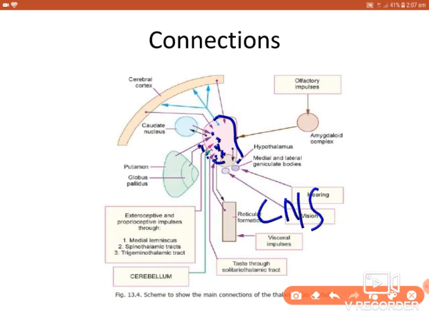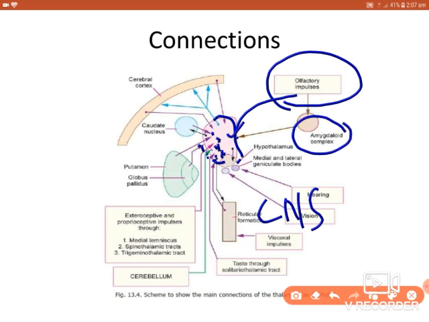It receives all sensory information except olfactory impulses, which do not reach the thalamus directly but through the amygdaloid complex, and it relays before information reaches the higher centers, that is the cerebral cortex.